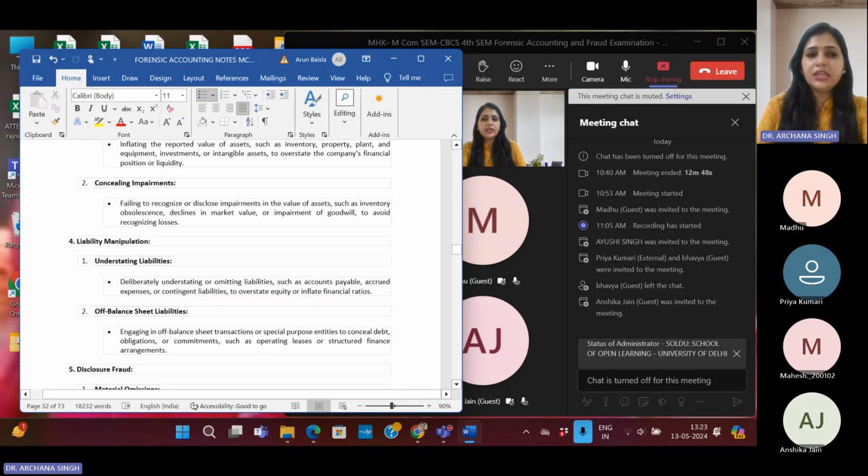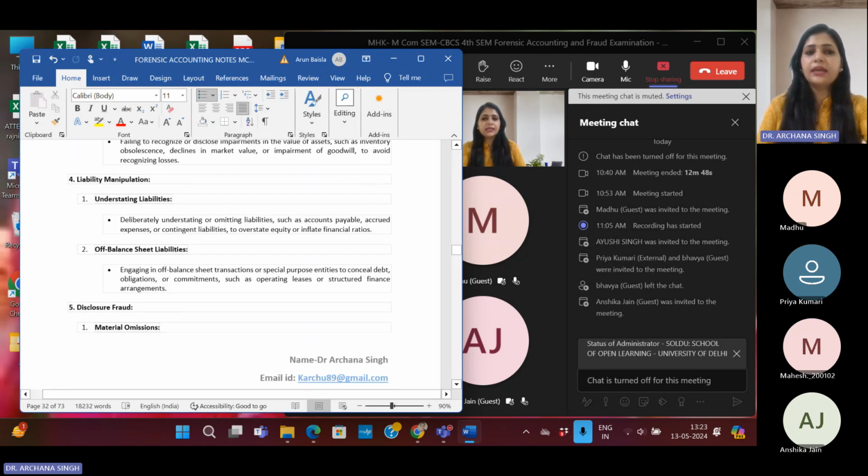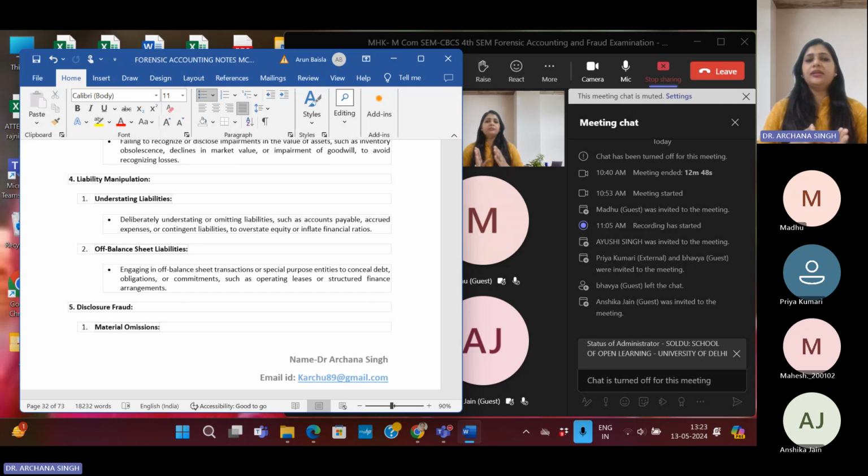Then liability manipulation may be there, such as understating liabilities and off-balance-sheet liabilities. What are they? You are deliberately understating or omitting the liabilities, for example omitting your accounts payable and accrued expenses, and you are overstating or inflating the financial ratios.